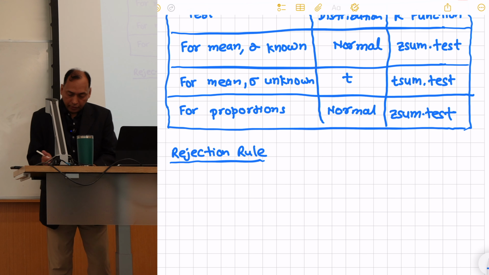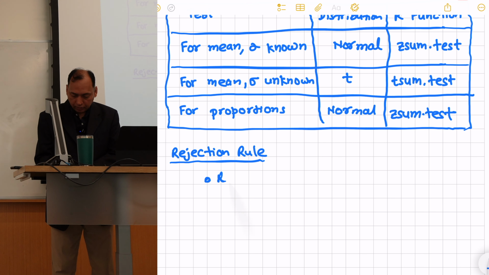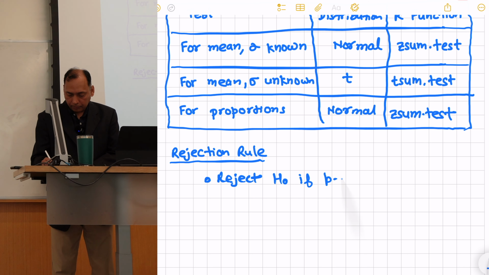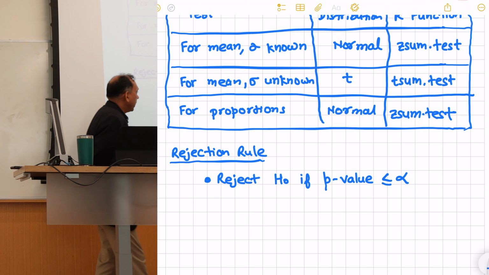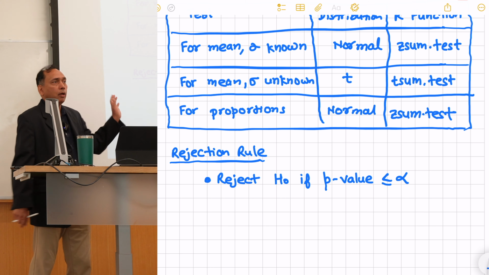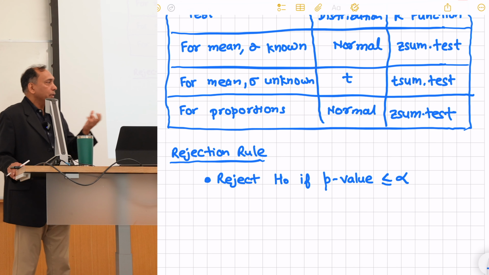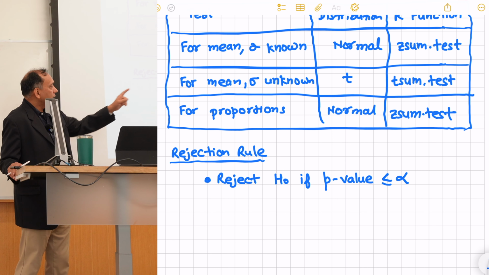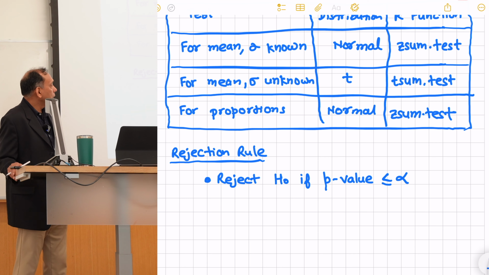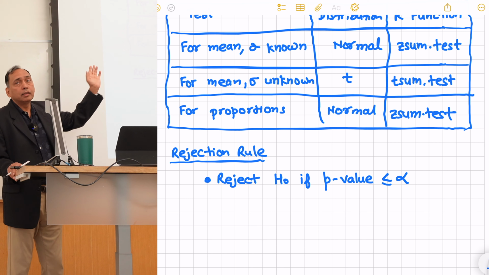We reject H0, or the null hypothesis, if we find that the p-value is less than or equal to alpha. Reject H0 if your p-value, p is probability. So based on that testing, your end result is a p-value. And if your p-value is less than or equal to alpha, you reject the null hypothesis.